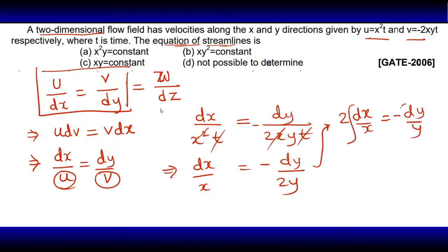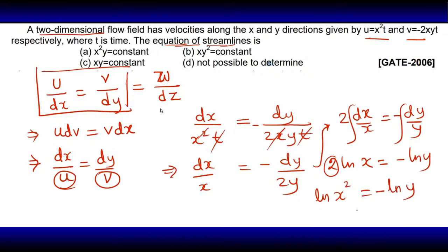If you integrate both the sides, 2 ln x equals minus ln y. Now, if we have a number in front of the ln, then we can write ln x square equals minus ln y. Here we have a negative; when we bring this one over, it becomes positive. So ln x square plus ln y equals 0.